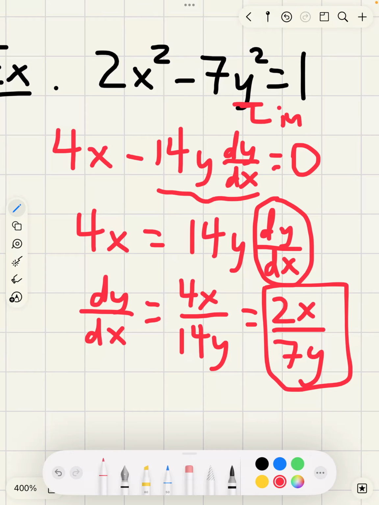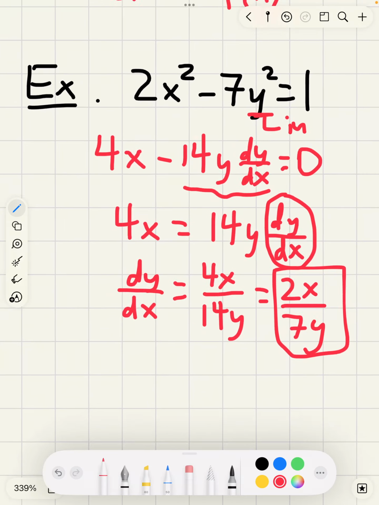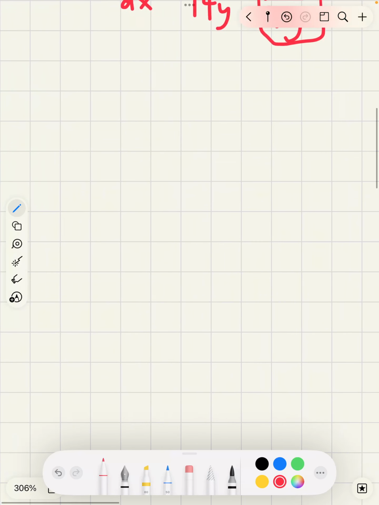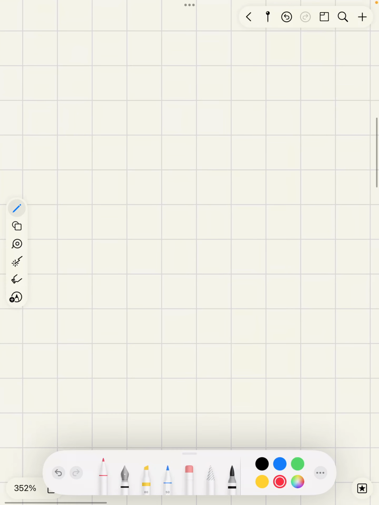Caveat to that is, remember, derivatives are used to give us information about a function. Like, for example, describe the slope of a graph at a point, right? Write an equation for a tangent line, things of that nature. And as we'll see later, relate the rate of change of one thing to the rate of change of another.